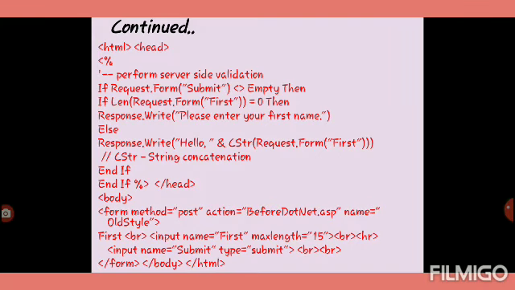That is, if we fail to give the name, it will give the message please enter your first name, right? Then Response.Write: if it is entered, then it will say hello and whatever name we have typed, concatenated. CStr converts to string. So that's it. We put End If, then another End If, then we close. Right. And that's it.